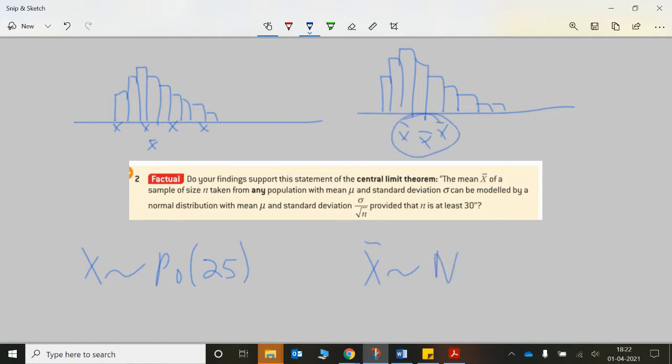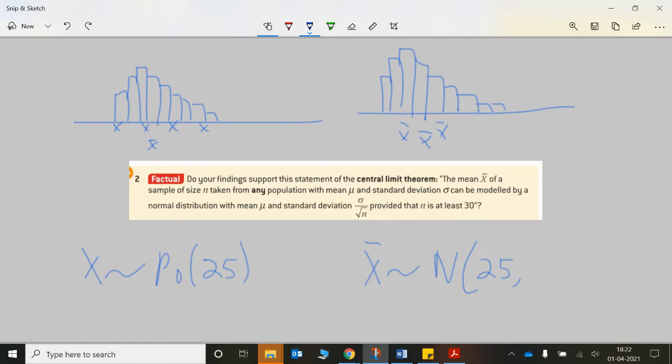All of these X bars tend to be very close together and spaced in terms of a normal distribution. And the more of them you get, the more they're going to tend towards a normal distribution. So they're going to follow a normal distribution with a mean, in this case, still 25.